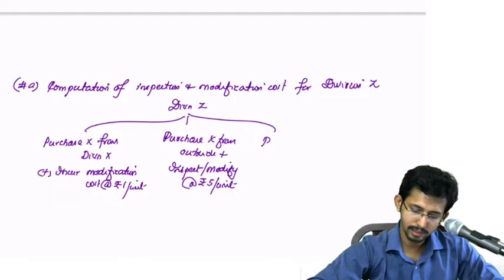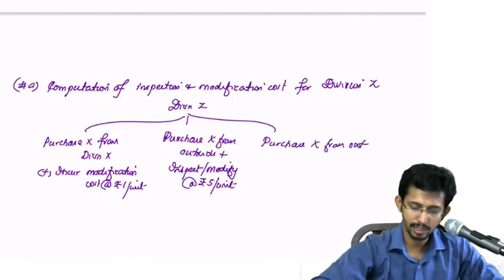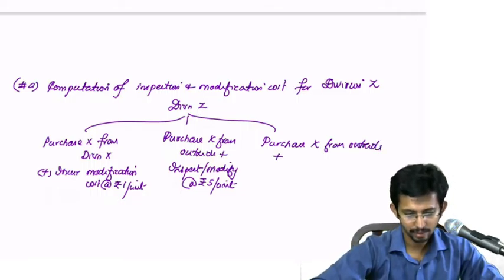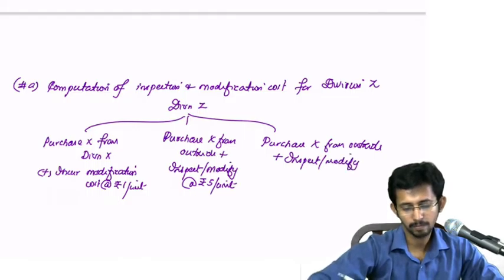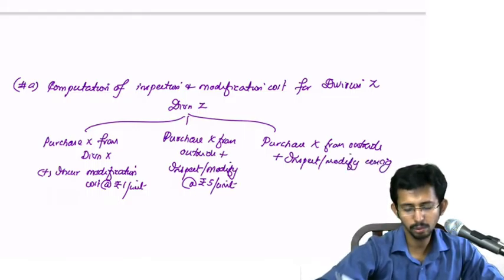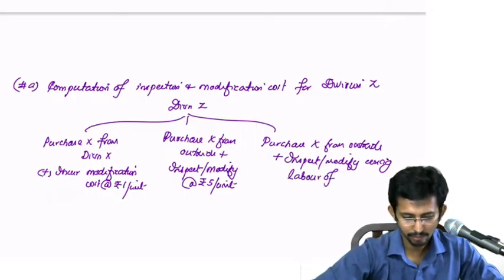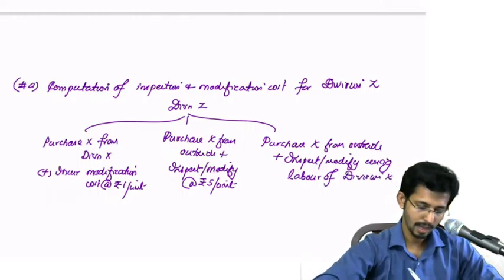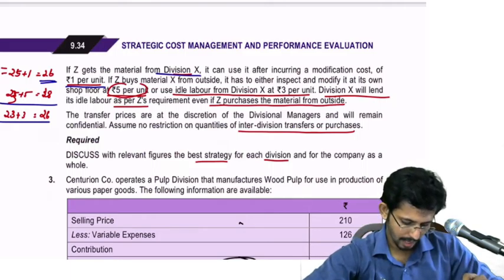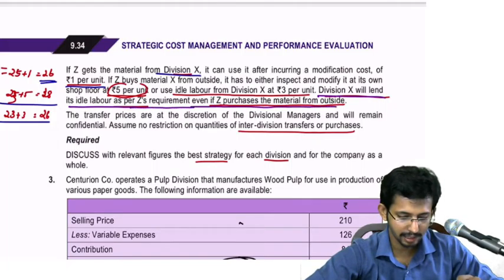And the third option is purchase X from outside plus inspect or modify using labor of division X. And they say that division X will lend its idle labor as per Z's requirement even if Z purchases the material from outside.